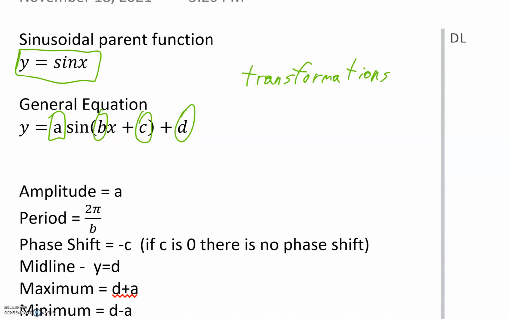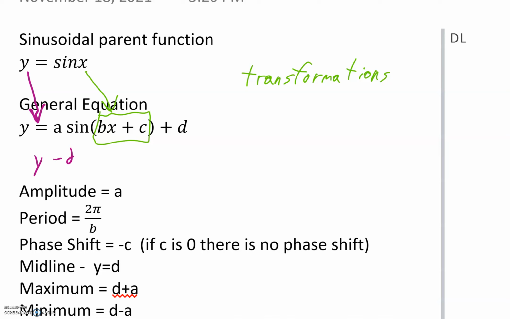It's the same process here. So first of all, what's going on? Well, we're replacing x from the parent function with bx plus c. We're also replacing, it may not seem quite as clear, y in the original function with y minus d over a, because a goes first.